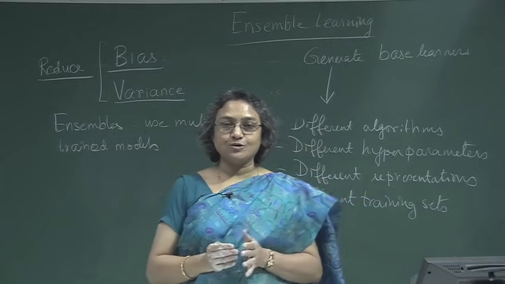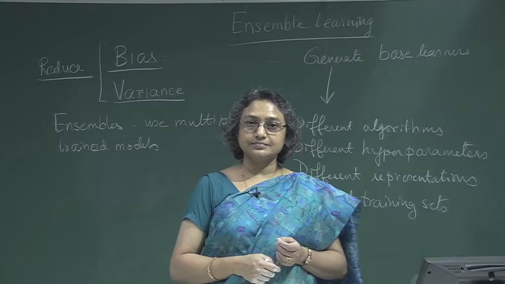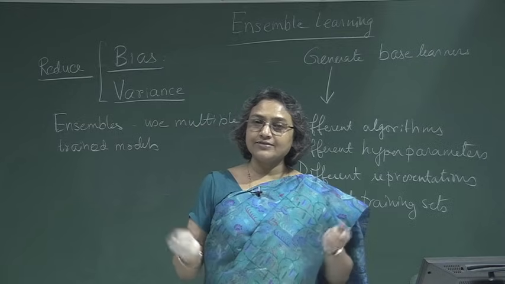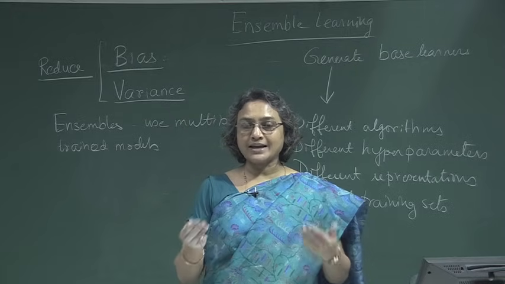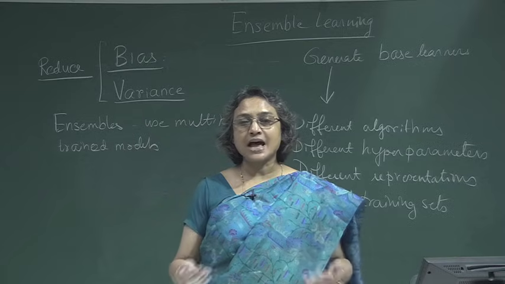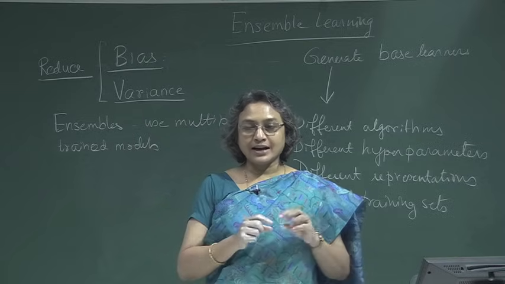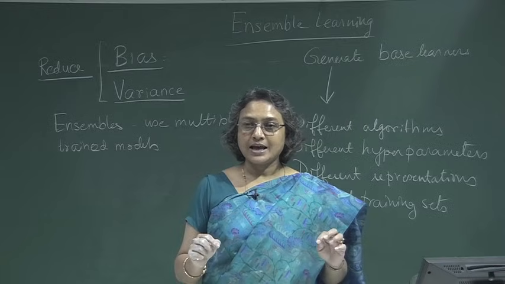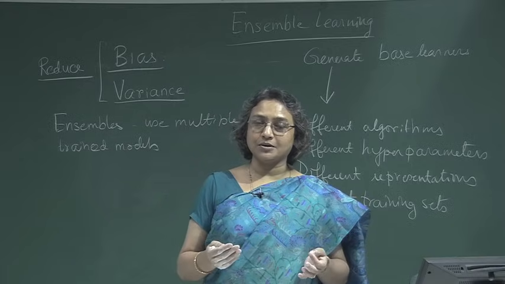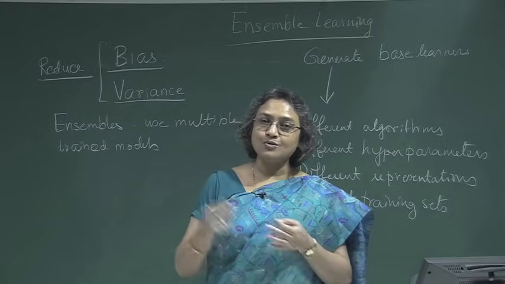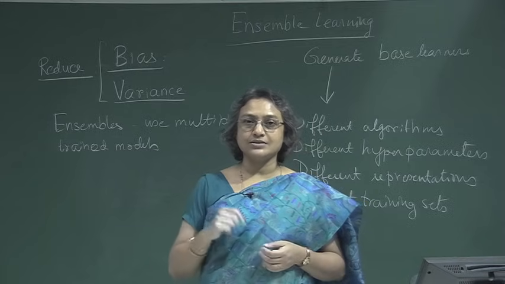By combining the output, we can get low variance while maintaining low bias. In fact, even if the bias is high to start with, by combining we get a classifier which has low bias, because the individual hypotheses may have high bias, but when we combine them we get a new hypothesis which may be out of the hypothesis class, but which has low bias.